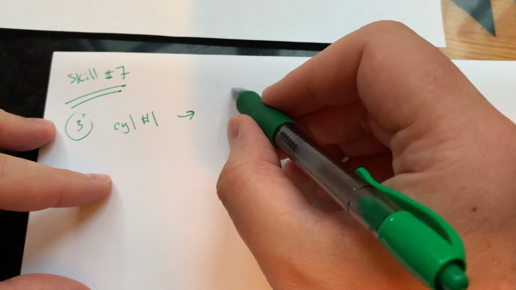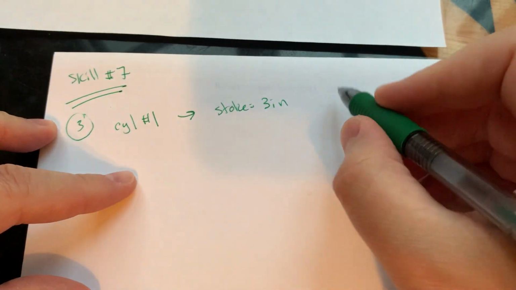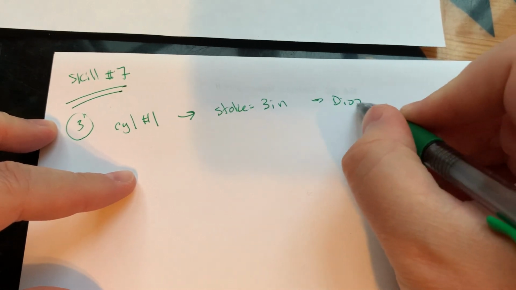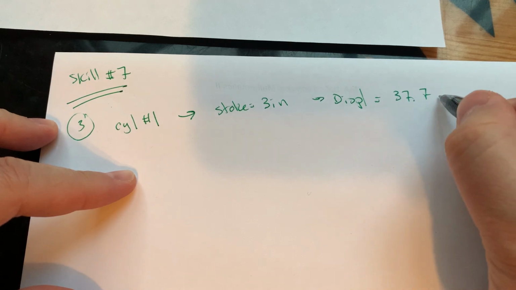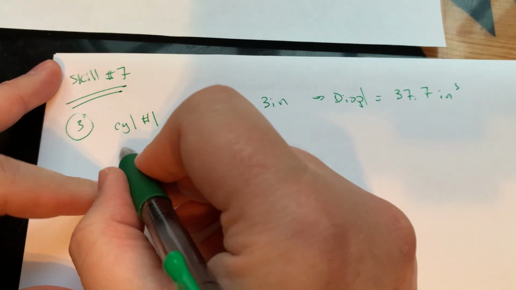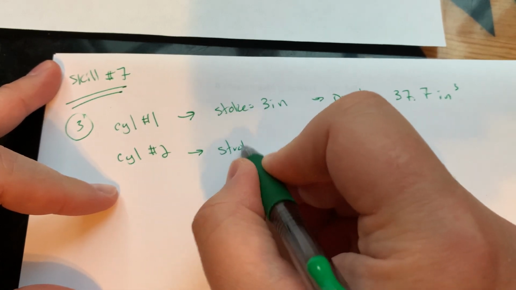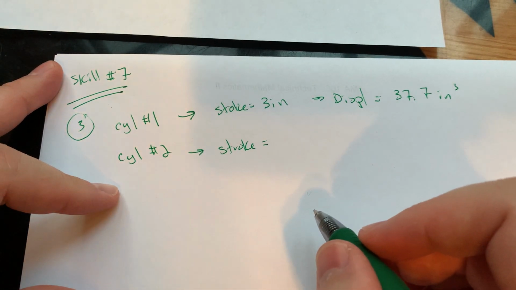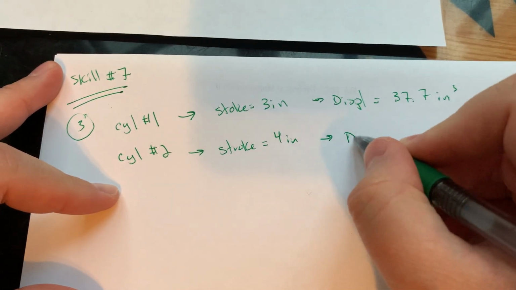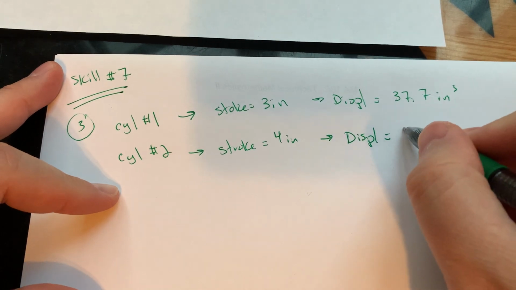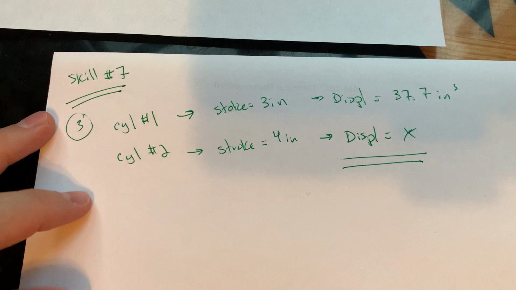What matters here is the stroke, which is 3 inches, and then my displacement, which was 37.7 cubic inches. So then for cylinder number 2, what's happened is I've increased my stroke by an inch, right? From 3 to 4 inches. And the question is, what is my new displacement, right?